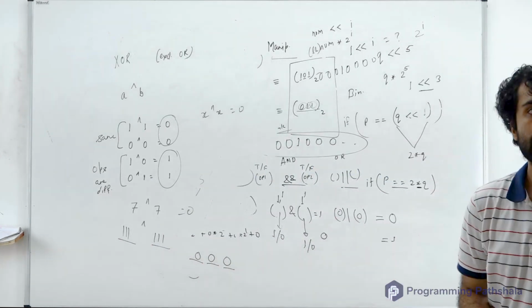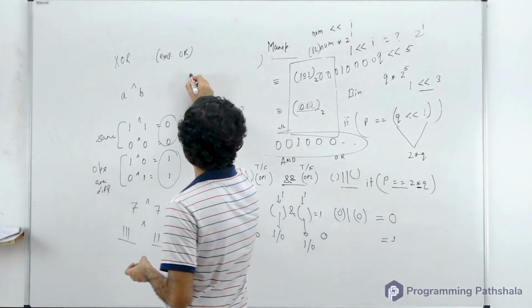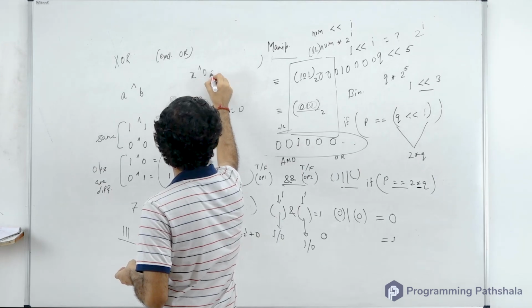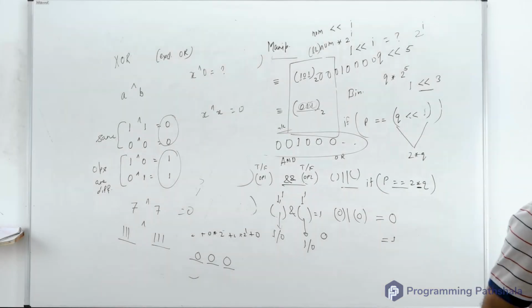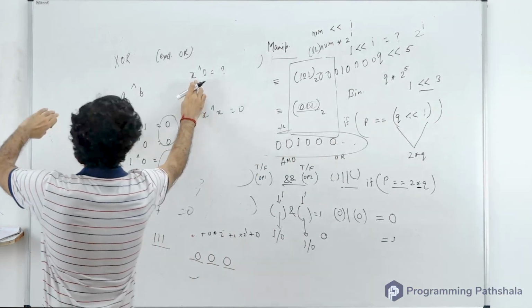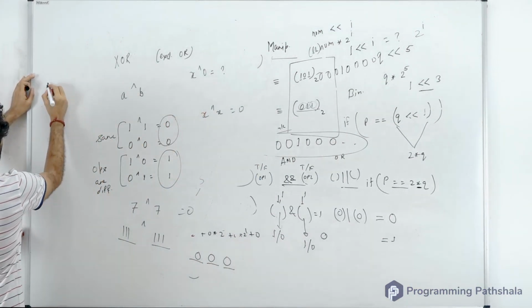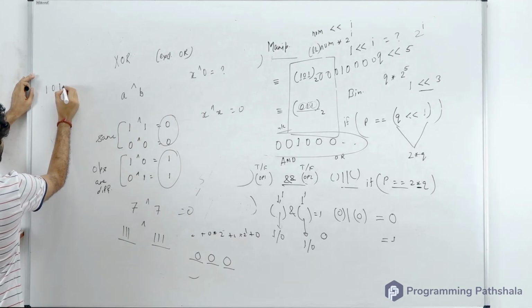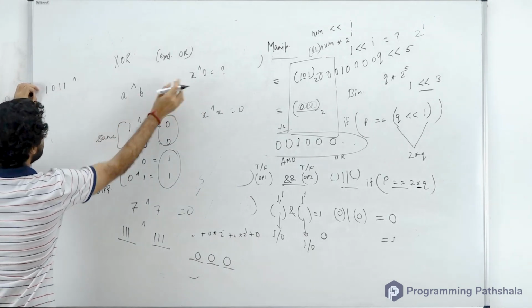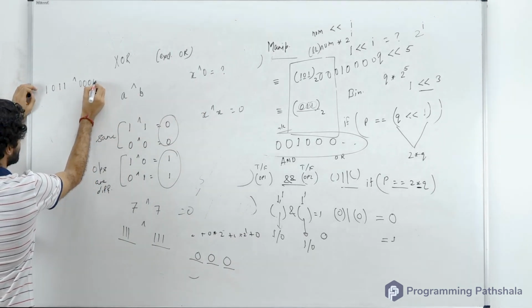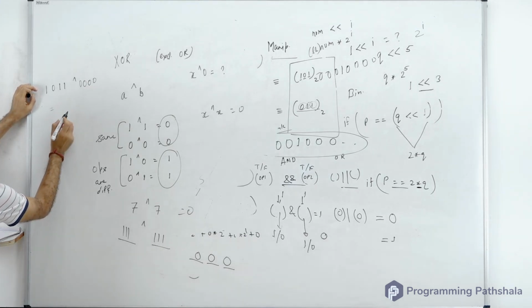Another question: if I take XOR of a number with 0, what will be the result? The result will be the number itself, and this should be easy to guess. No matter what the binary representation of x is, 0 can always be written as 0, 0, 0, 0 by padding some initial zeros.